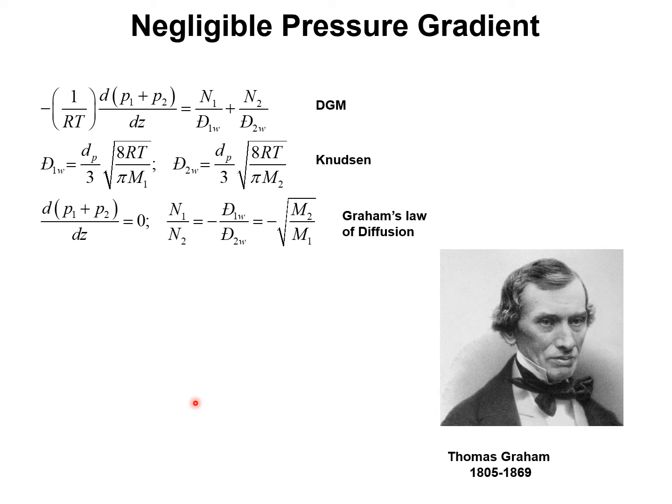Let us examine the special case in which the total pressure is constant along the diffusion paths. For binary gas mixtures, the dusty gas model derived 3 slides ago yields the gradient of the total pressure is equal to the flux of component 1 divided by the Maxwell-Stefan diffusivity D1W plus the flux of component 2 divided by the Maxwell-Stefan diffusivity reflecting the collision between component 2 and the wall.